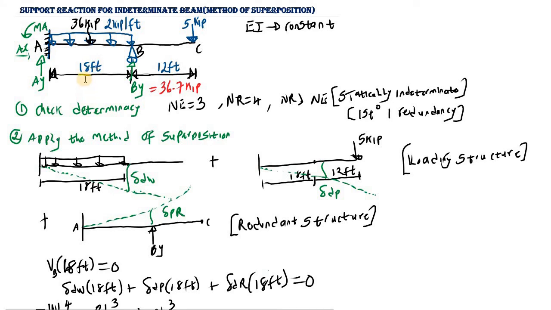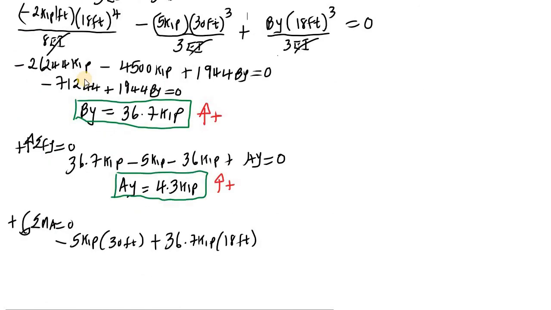So it's 36 kip multiplied by 9 feet, negative because this is acting in the clockwise direction.